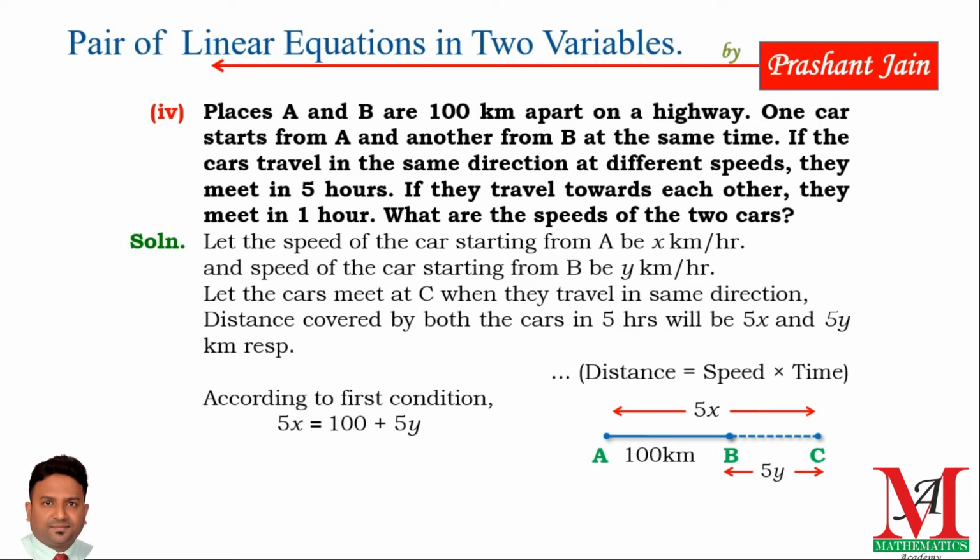Distance AB is 100 and distance BC is 5y. So we have the first equation, that is 5x is equal to 100 plus 5y. After dividing this equation by 5, we get x is equal to 20 plus y, and let it be the first equation.